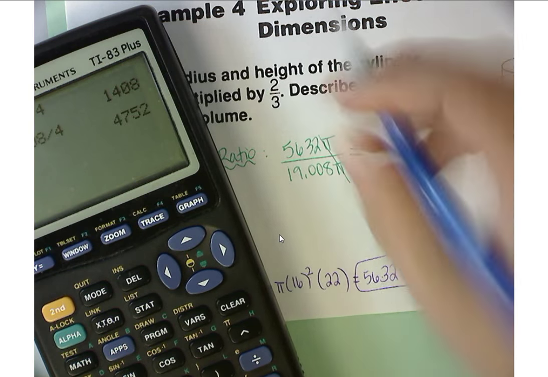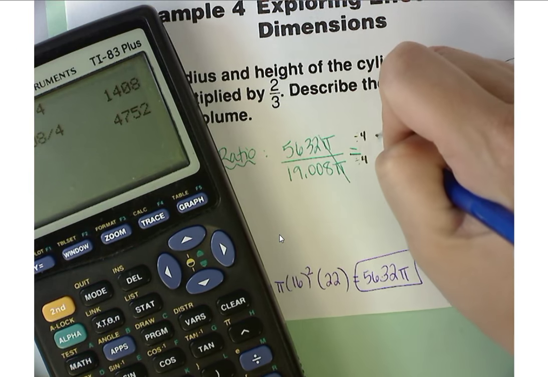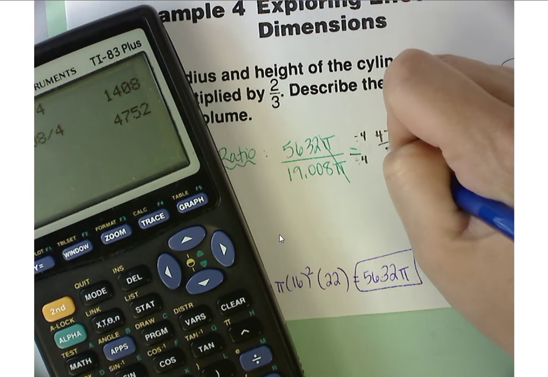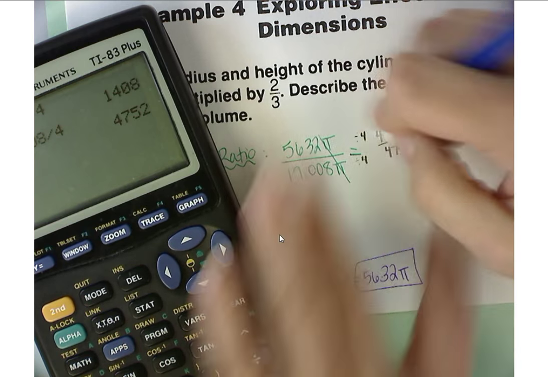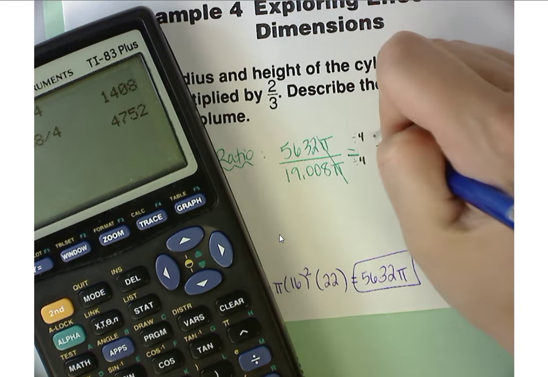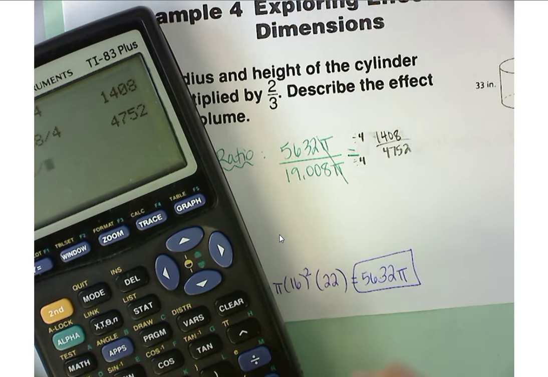Yep. So if I divide them both by 4 to reduce, I get 4,752 over, or sorry, that's on the bottom. And the first one I found goes on the top, the 1408. And then I'll see if 4 goes into both of those.